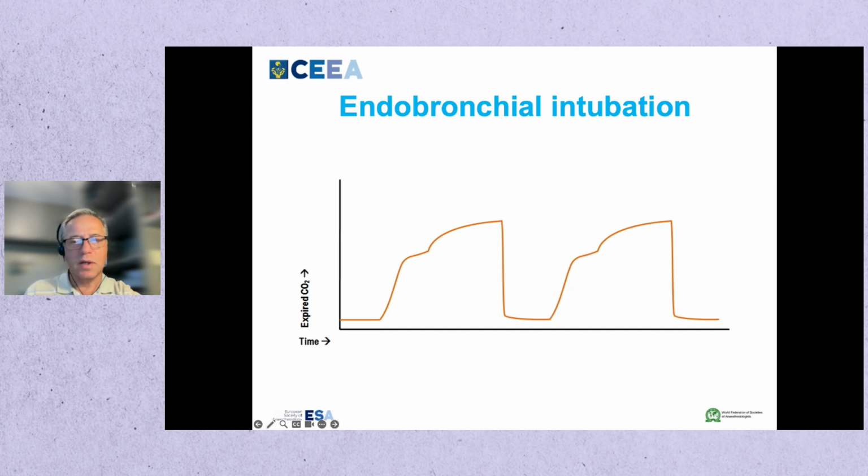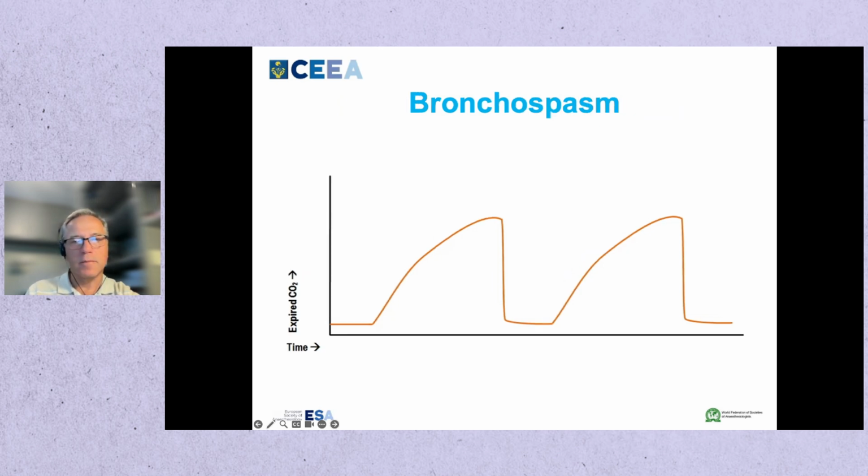Afterwards, one notices that there is a secondary transitional phase, which is the gas from the left lung escaping slowly up into the endotracheal tube. Of course, if the left lung was completely isolated, i.e., you have the cuff inflated in such a way that it blocks it totally, you would not see this waveform. This only happens if the tube is somewhat leaning more towards the right main bronchus.